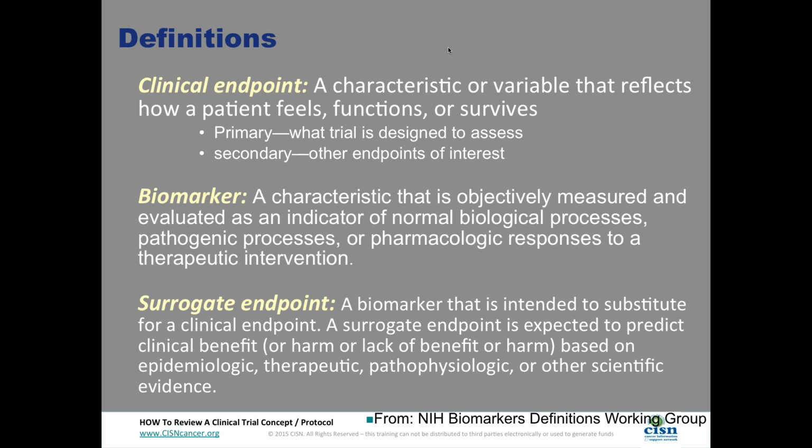If you can find a surrogate endpoint, a biomarker that will tell you if that treatment was helpful, that would be really, really good. So more and more often, trials are set up to measure not only the clinical endpoint, but also the surrogate endpoint. Is this a good biomarker, and can we use this to substitute for a clinical endpoint? So we can know maybe within a couple months after treatment whether that treatment was effective.